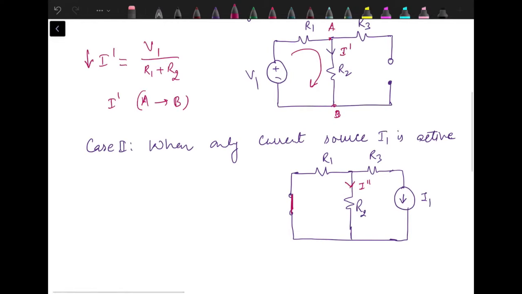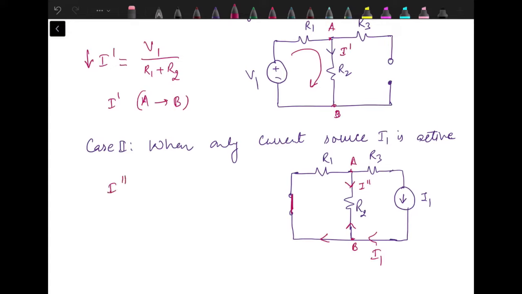Now we have only a current source. We need to find out the current through this resistance R2. Now we have current I1 flowing over here and here we have two resistances connected in parallel. So we can apply current division rule.